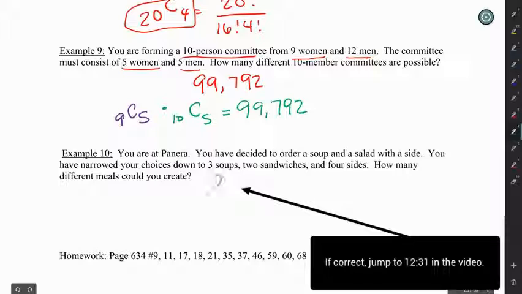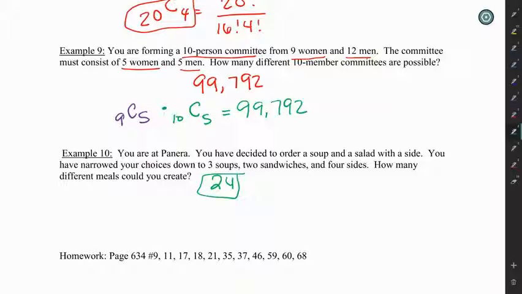The correct answer to this problem is 24. The reason it's 24: you're at Panera, you have decided to order a soup and a salad with a side. You have narrowed your choices down to 3 soups, 2 salads, 3 soups, 2... apparently I mismatched this question.